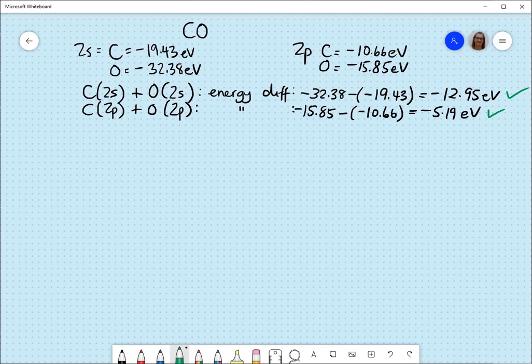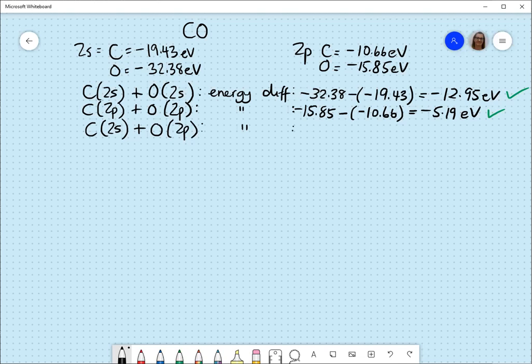And then lastly, can the 2s and 2p mix? That's what we need to look at. Carbon 2s and oxygen 2p. Can we get a mixing?